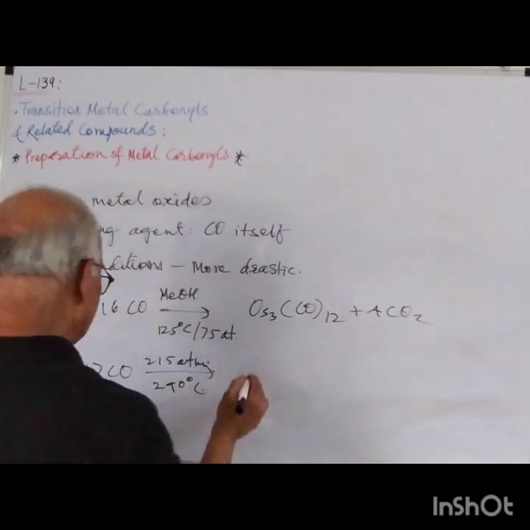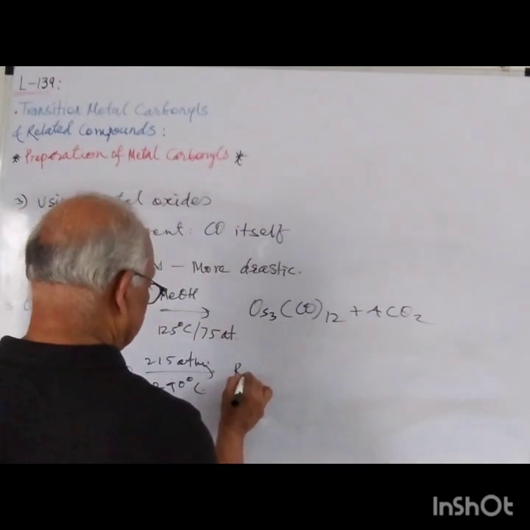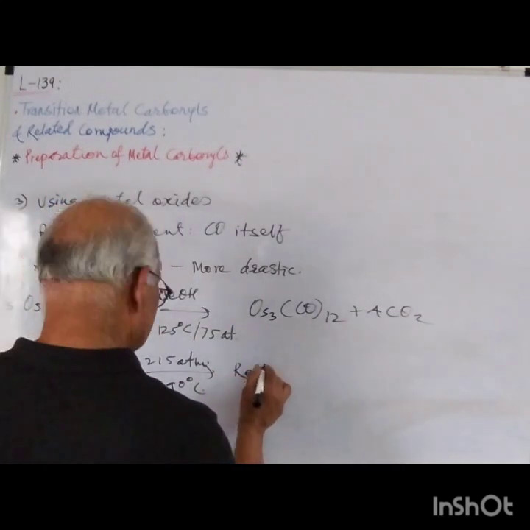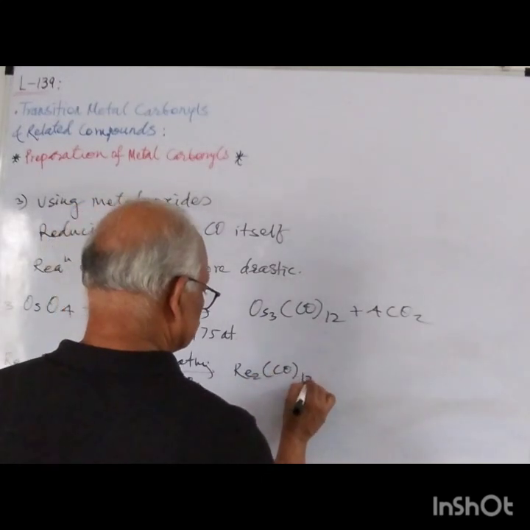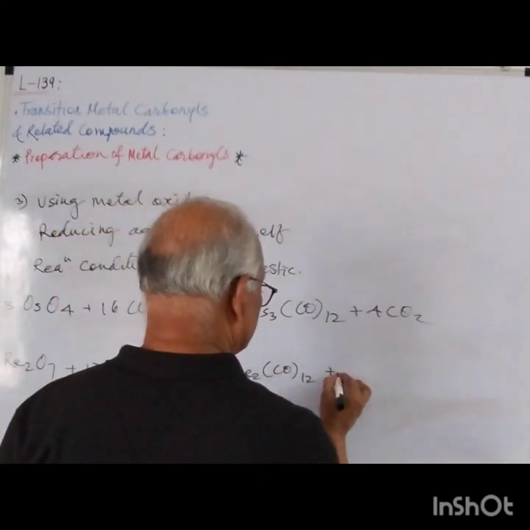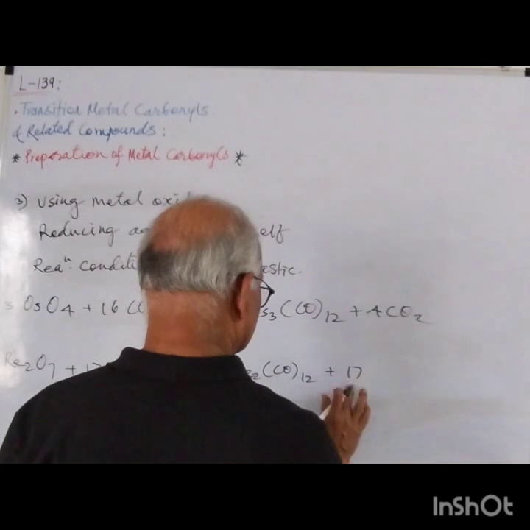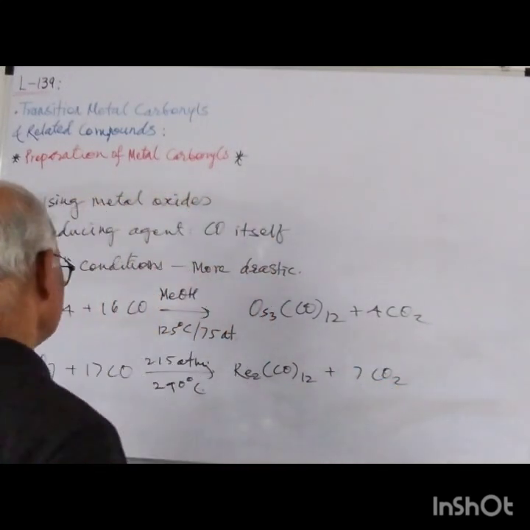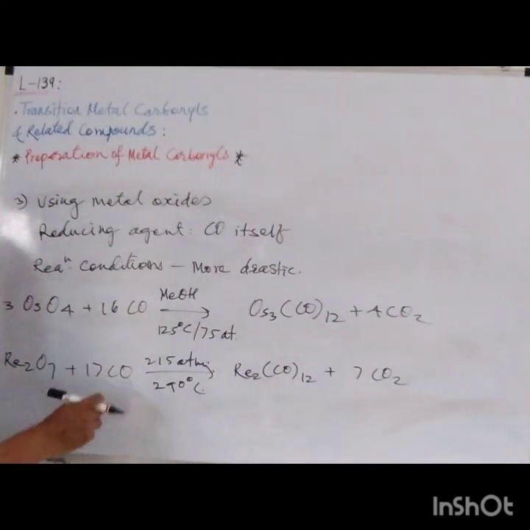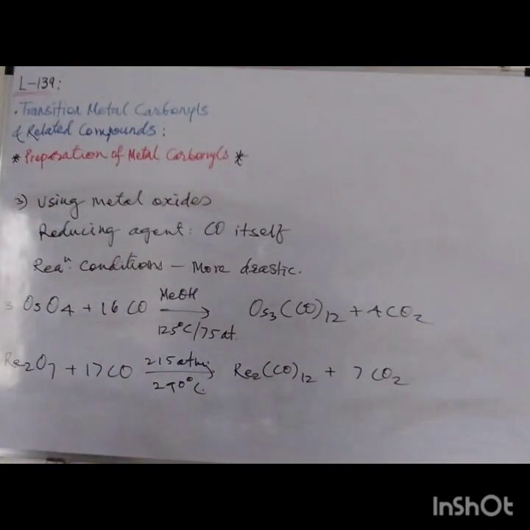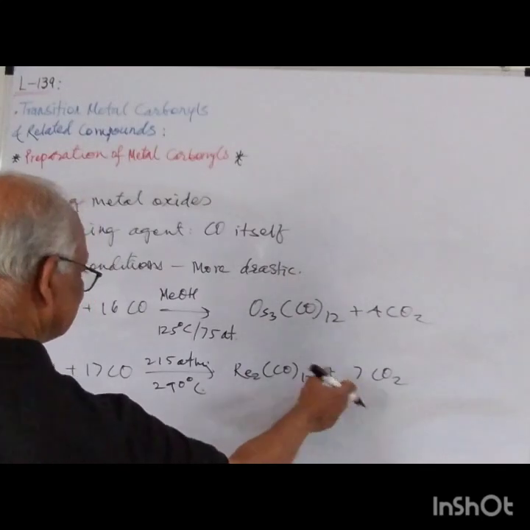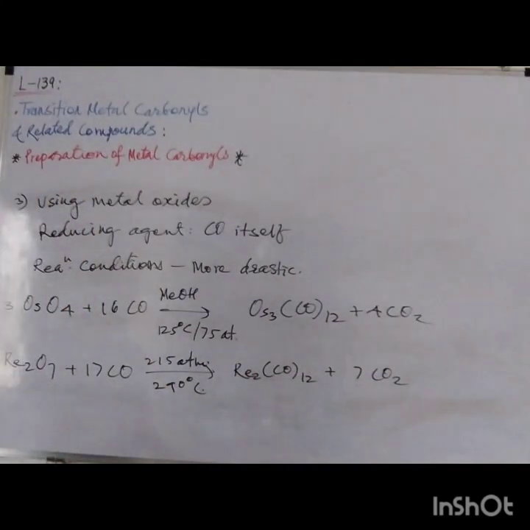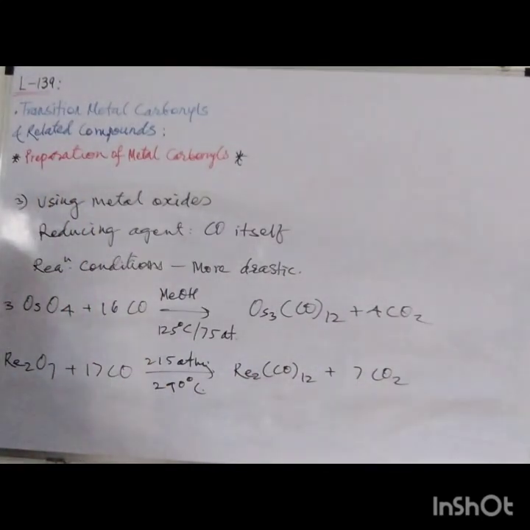It gives dinuclear Re2CO10 and 7 CO2. So here some of the carbon monoxide is oxidized and thereby it reduces these oxides.